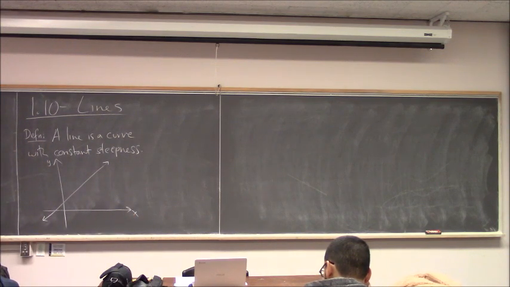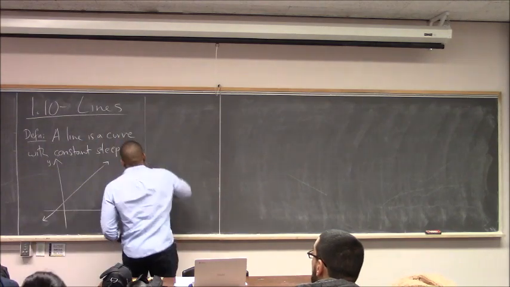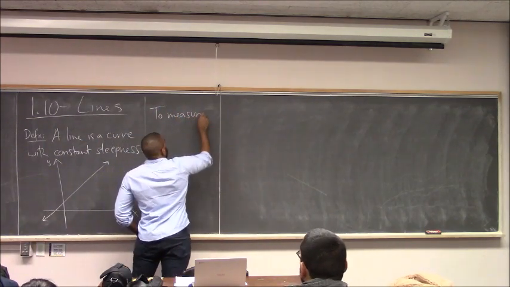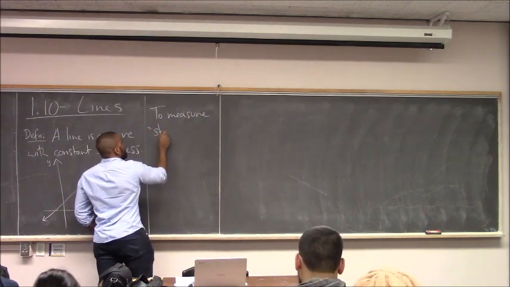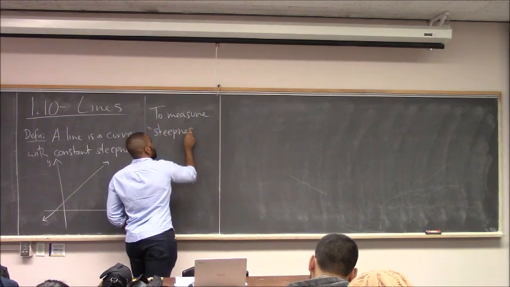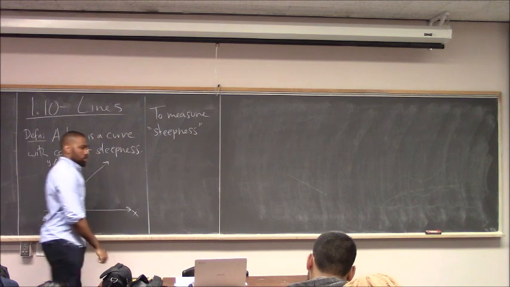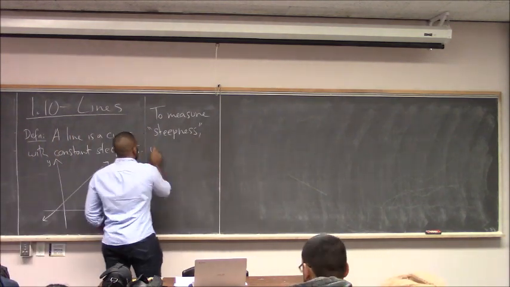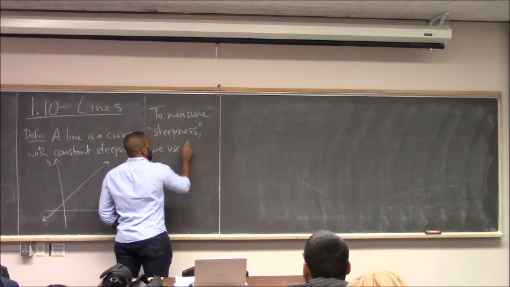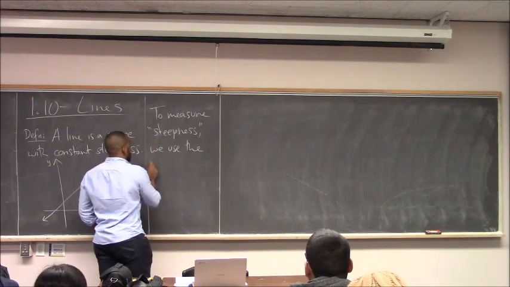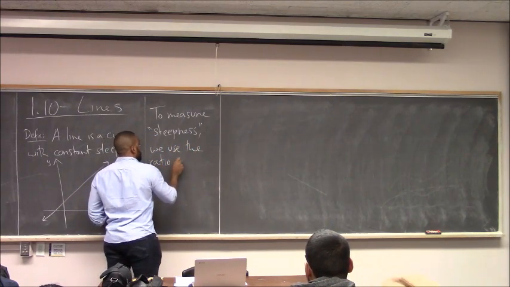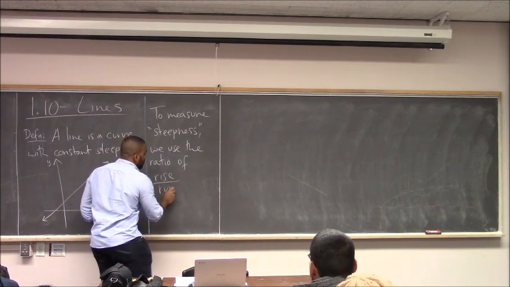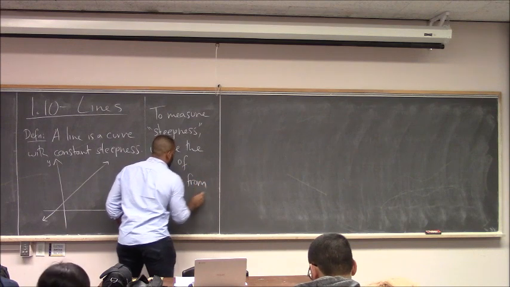And now, to measure steepness, what do we mean by how steep something is? It's usually a relative kind of measure. We use the ratio rise over run from some fixed point.